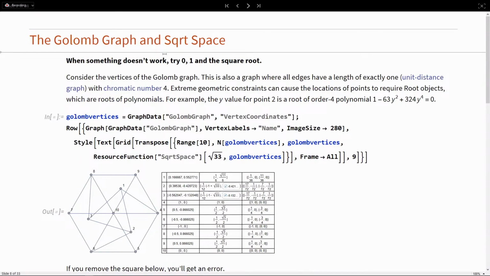And one thing I noticed right off, while working with these geometries, was that, for example, here's something in the root space of the square root of 33, but the vertices had these root objects. They didn't look nice. And I couldn't get things to work out for a while, but then I remembered this old adage: when something doesn't work, try 0, 1, and the square root.